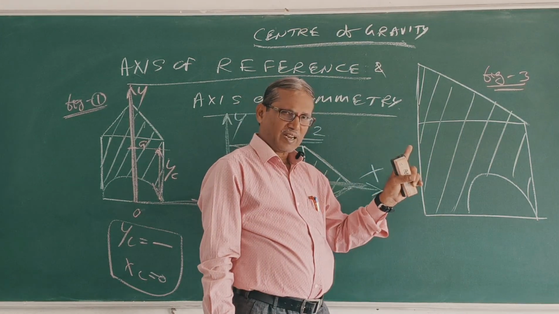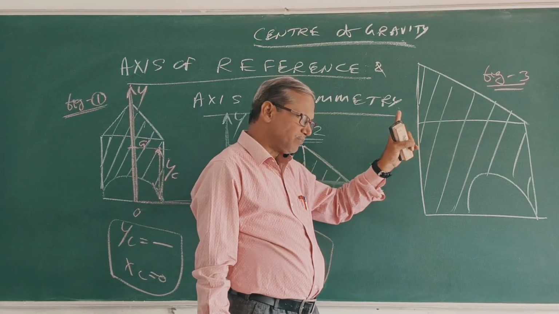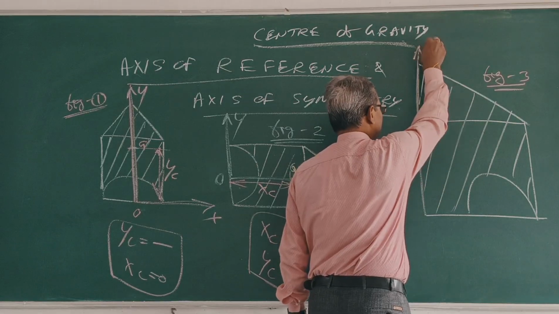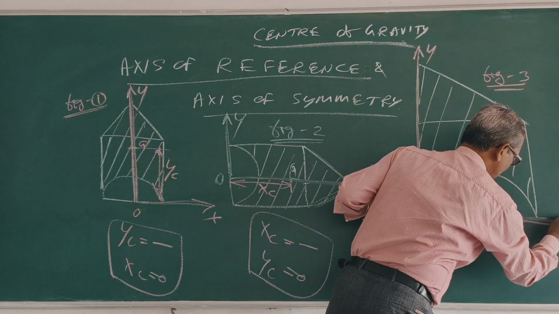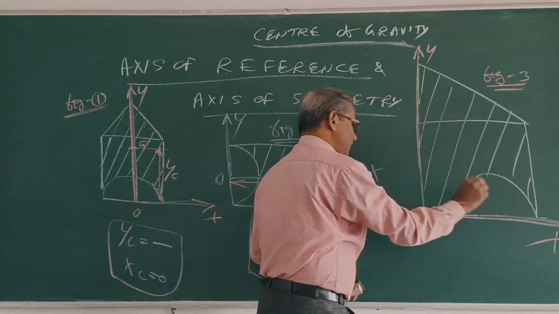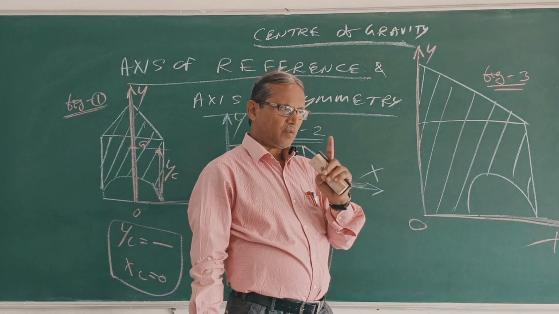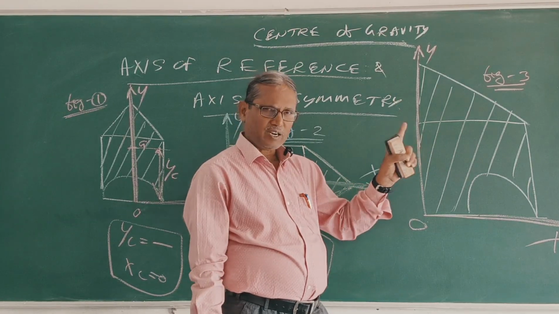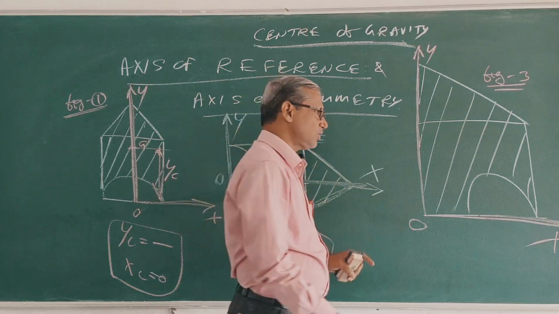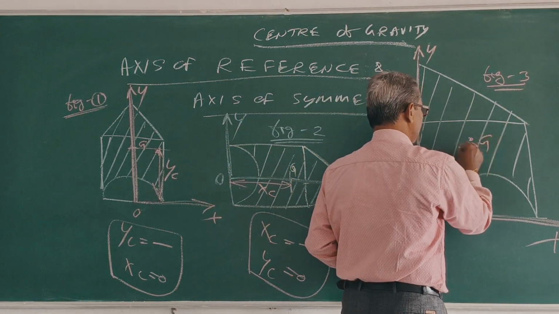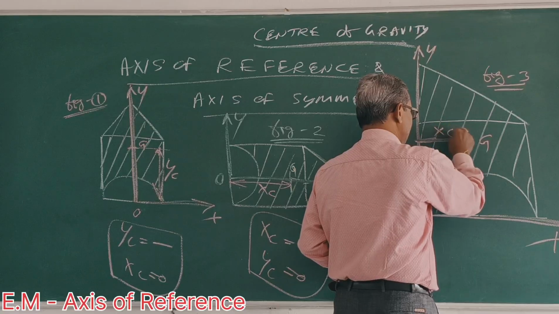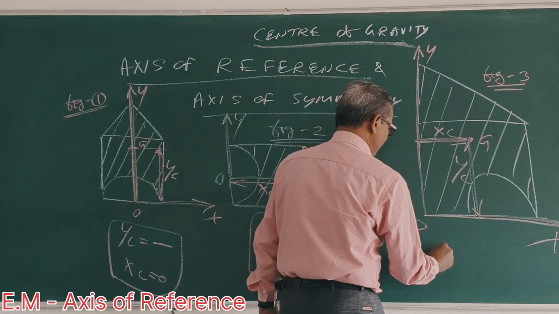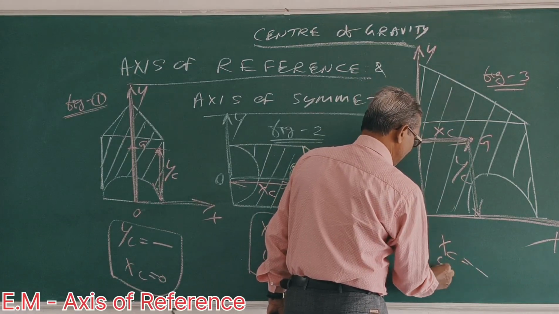That means take the extreme left as the y-axis and the lowest line as the x-axis. This is the origin. Suppose this is the CG point. So this is XC, this is YC. Clear? So here we can find out XC and YC both.